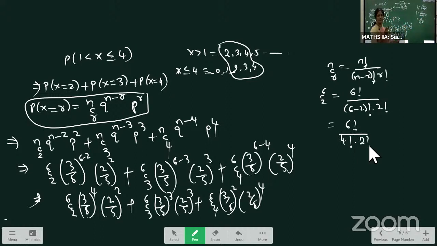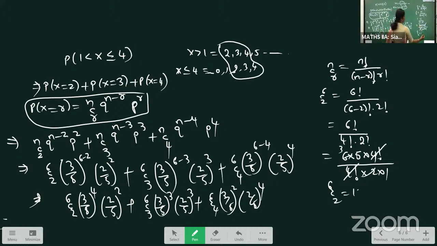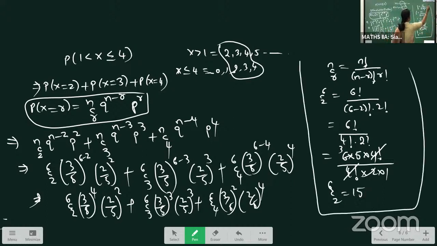Now, how to expand the factorial: from that number until you get 1. Here 6 factorial is 6 into 5 into 4 into, and it will go on, but the denominator has 4, so stop at 4 and keep 4 factorial. By 4 factorial into 2 factorial, which is 2 into 1. 4 factorial cancels. 2 1s are 2, 3 2s are 6... 6C2 we are getting as 15. So this is the simplification for expanding factorial.